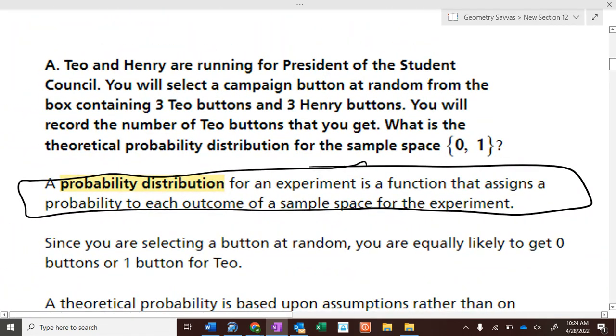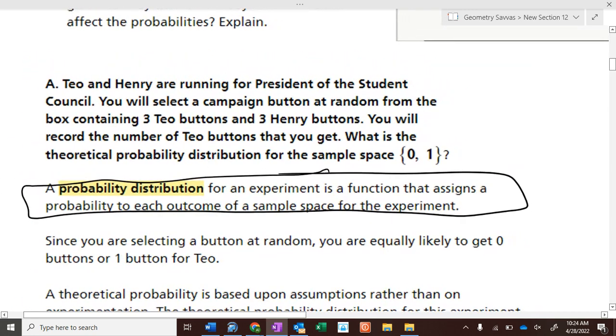So, Teo and Henry are running for president of student council. They each have 3 campaign buttons in a bag, or in a box. You're going to pull out one campaign button. What's the probability it's Henry's? What's the probability it's Teo's? Okay? Now, if you pull out a Teo, that's half the buttons in there.